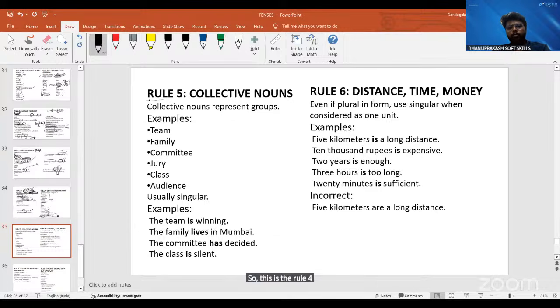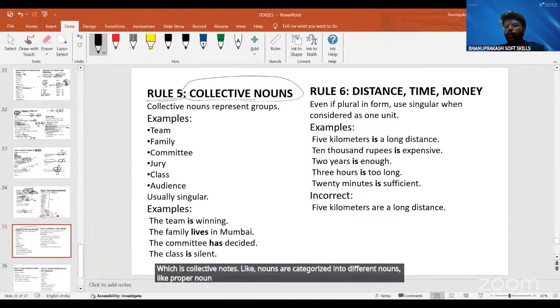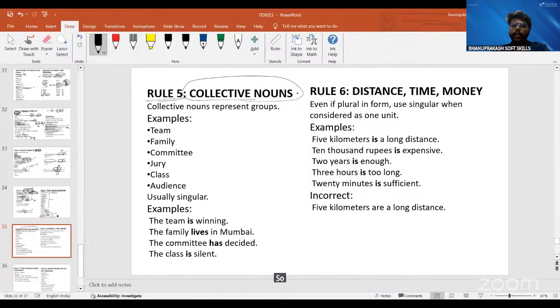Now coming to rule 5, which is collective nouns. Nouns are categorized into different types like proper noun, common noun, collective noun. So a collective noun is all about collecting, like a collection of something. For example, here you can see team.